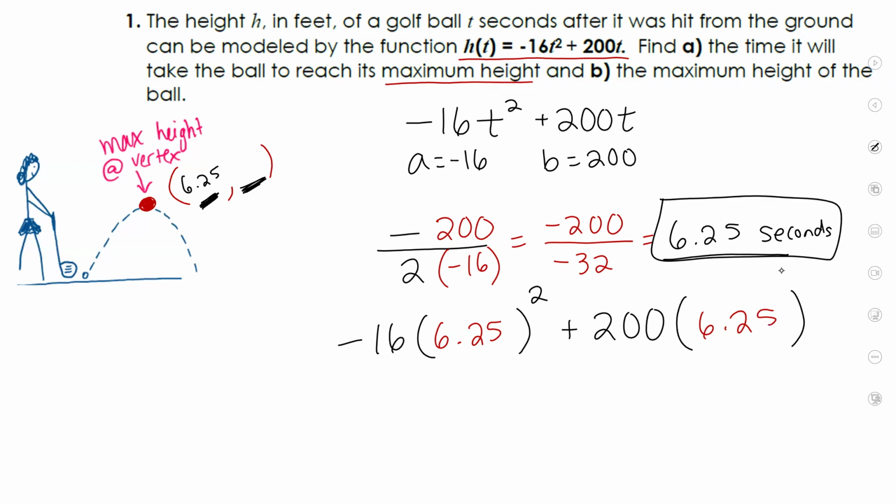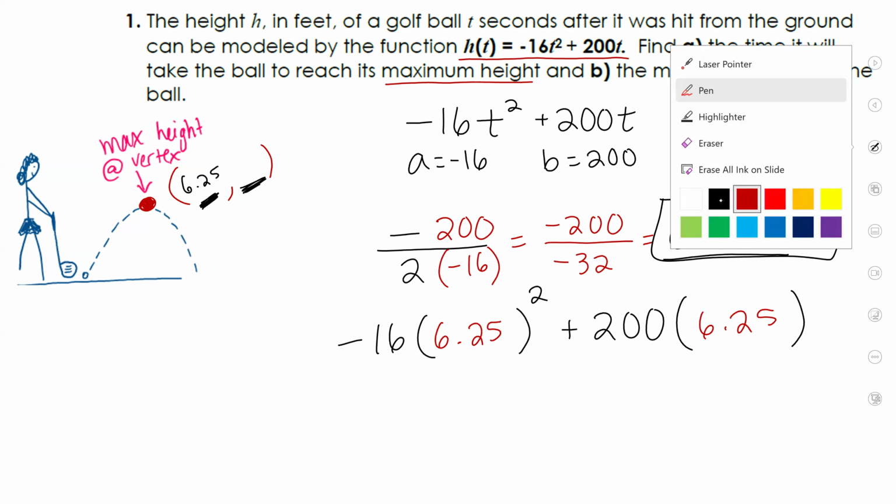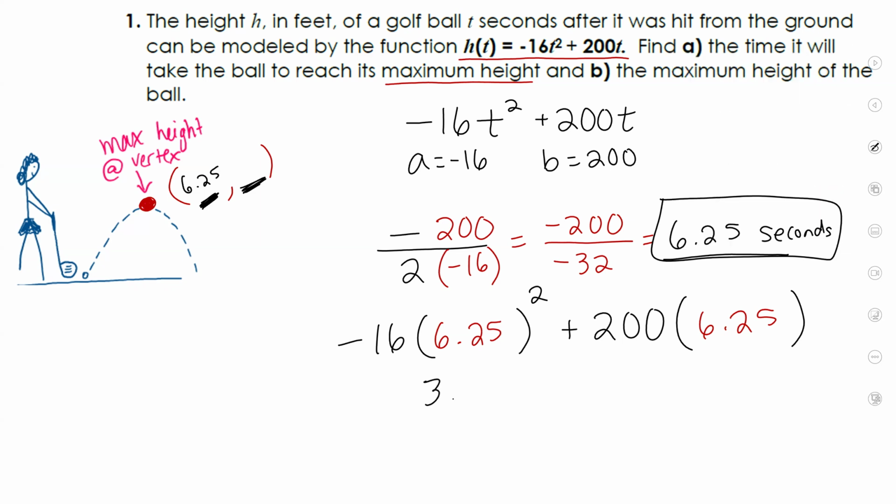Okay, 6.25 squared is what? 39.0625. Perfect. We're going to multiply it by negative 16, and then we're going to add what is 200 times 6.25. Thank you. 1,250. Nice.